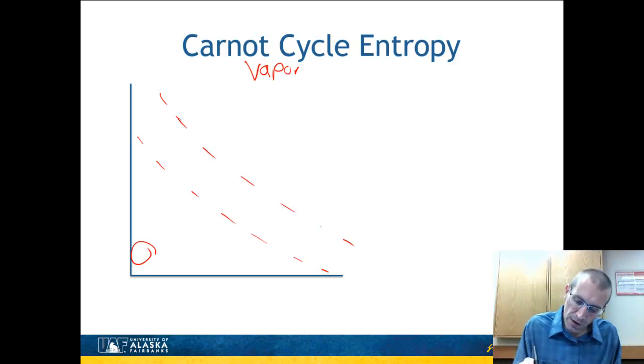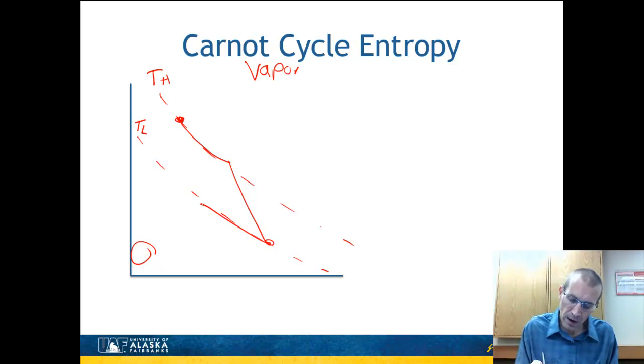If I look at the Carnot cycle, I've got an isothermal step followed by an isentropic step. So this would be T_H, this would be T_L, and then another isothermal step followed by an isentropic step. And that's what the Carnot cycle would look like on a TS diagram.